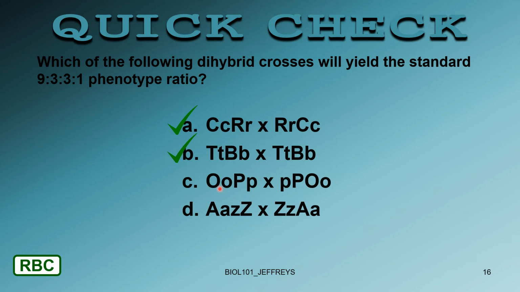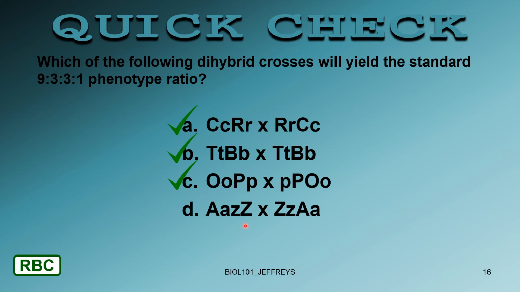Here is big O, big P, little p, crossed with a little p, big O. It does not matter, again, always does not matter the order, right? You can have the big P first, the little p first, it does not matter. You can have the O first or the P first, doesn't matter. You have to look at the genotype. What's going on in the genotype? 9:3:3:1 phenotype.